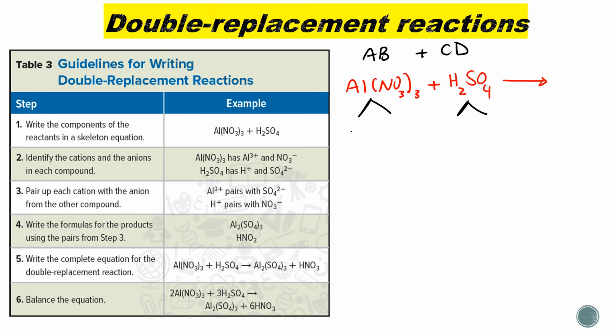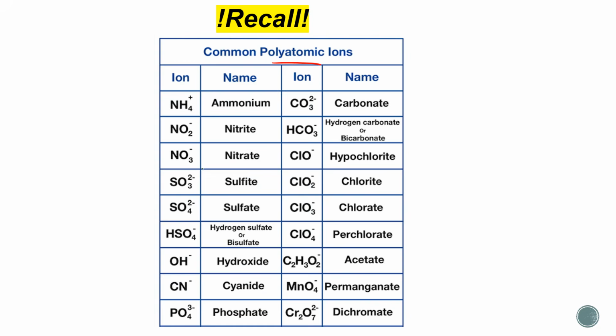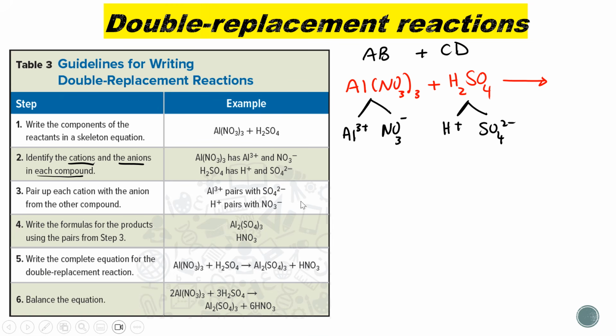So what are the ions here? Al plus 3 and NO3 minus. كيف عرفنا هالأشياء؟ من الفصل الأول. هذا مركب أيوني. So identify the cations and the anions in each compound. Okay? It's H plus and SO4 minus 2. Here's SO4 minus 2. Here's NO3 minus 1. After that, you need to make a compound between the positive and the negative ions in each side.